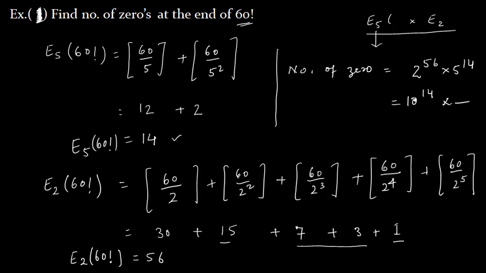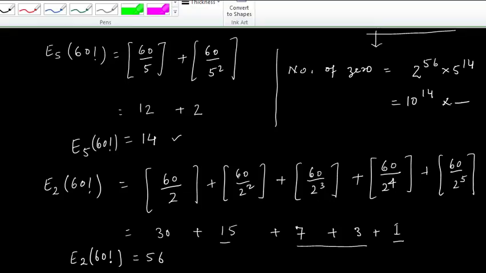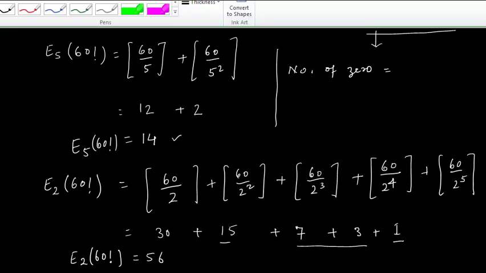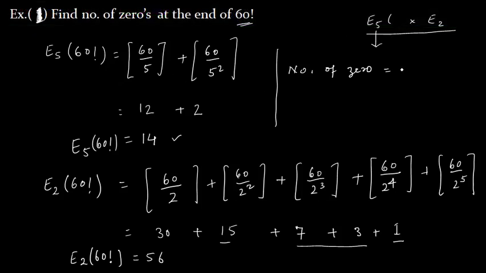So basically the number of zeros is 14. You can write a simple formula here: the number of zeros is simply the minimum of the exponent of 5 and the exponent of 2, and every time the exponent of 5 is less than the exponent of 2. So the minimum of 14 and 56 is 14. So the number of zeros in 60 factorial is 14.